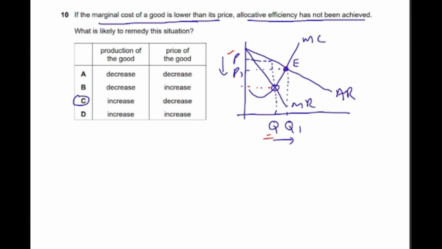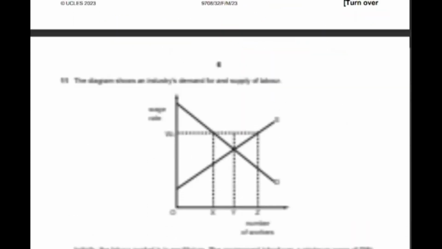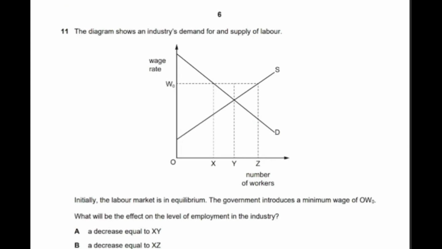For allocative efficiency, marginal cost should be equal to price or marginal cost should be equal to average revenue. And this condition is satisfied at point E where output should be Q, so output should increase and price should decrease to achieve this allocatively efficient point. Okay, hope you understand. If you don't, then again write in the comment box.